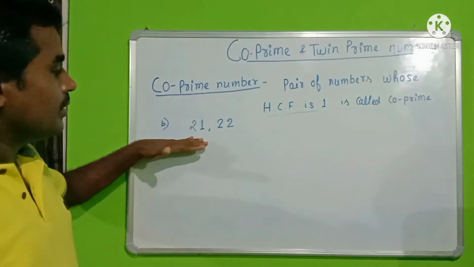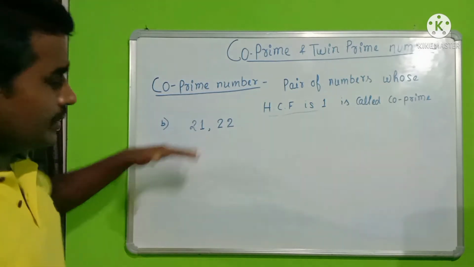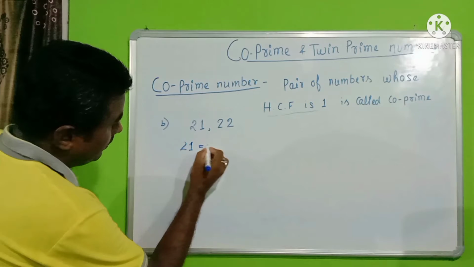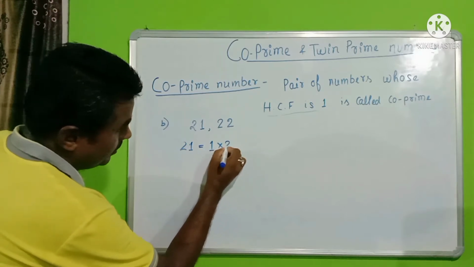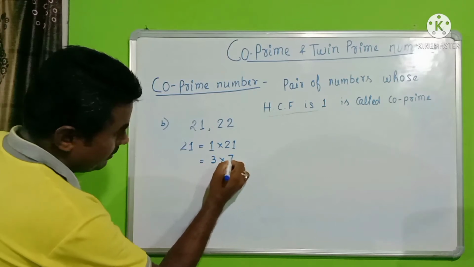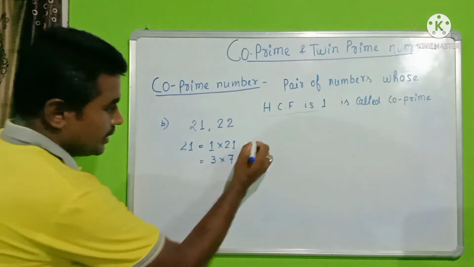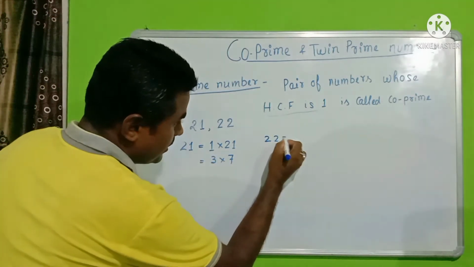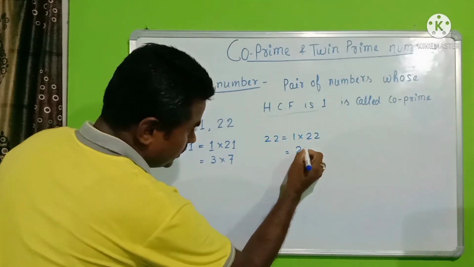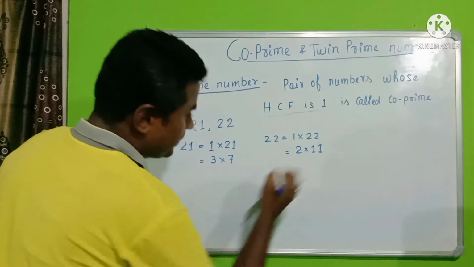So let's find all factors of 21. 21 can be written as 1 into 21, 3 into 7. Similarly, 22 can be written as 1 into 22, 2 into 11.